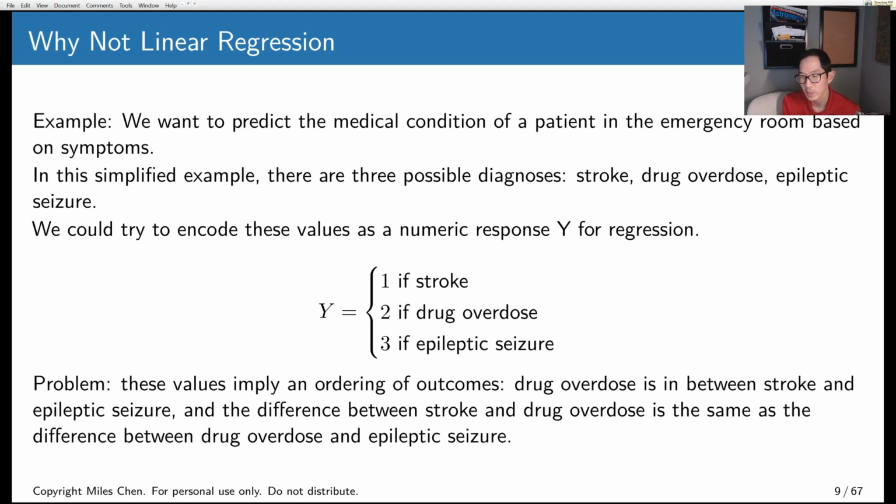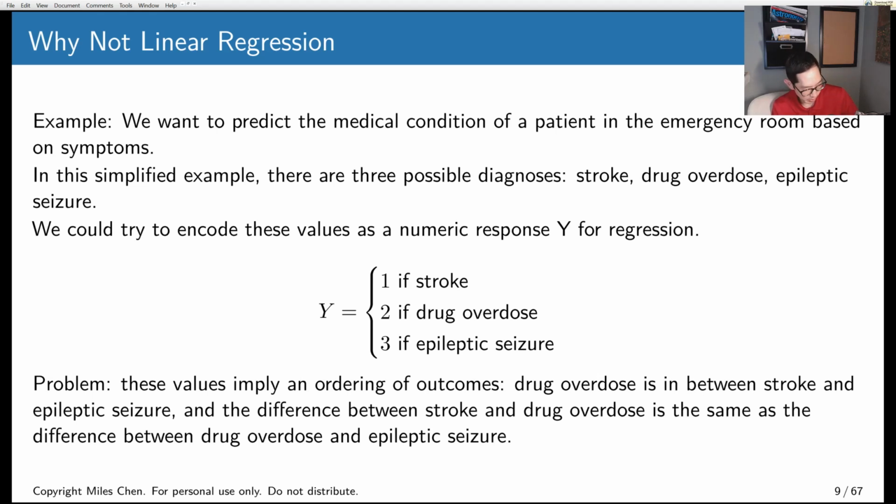coding these as numeric and then trying to fit linear regression is going to make our outcomes have an ordering. And basically the ordering here says drug overdose is somewhere in between stroke and epileptic seizure. That first statement doesn't quite make sense, although I suppose somebody could argue for something like that.